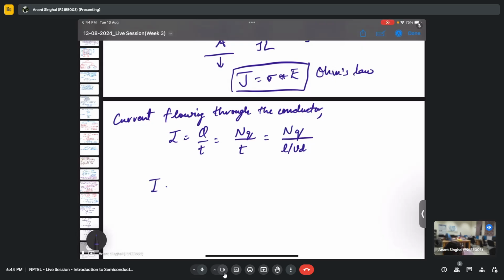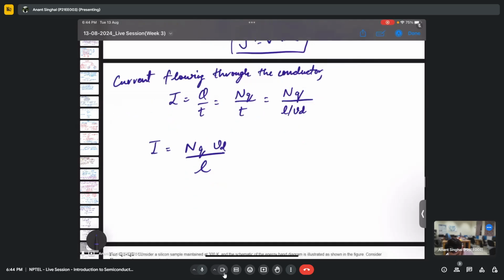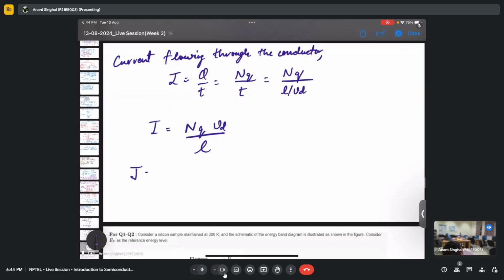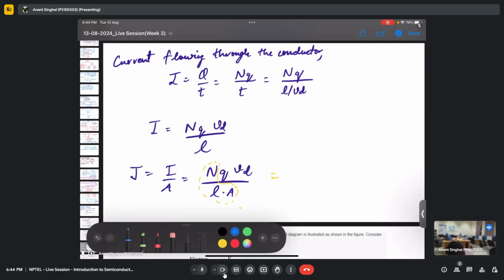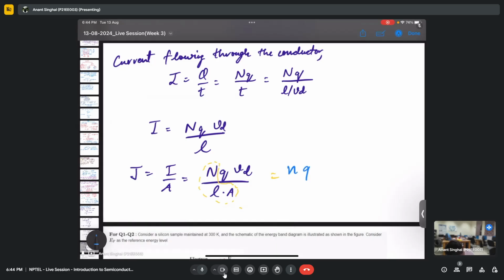So I comes out to be N Q Vd by L. Now the current density that I am calculating is nothing but I by A. So I'm writing this as N Q Vd by L A, and we have already given this term as the free electron concentration, that is N per unit volume, which gives N Q Vd.